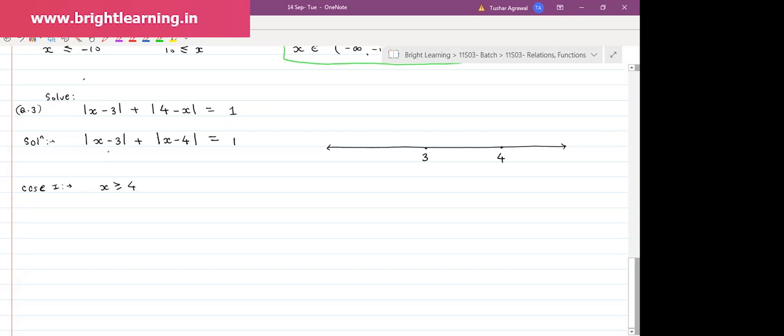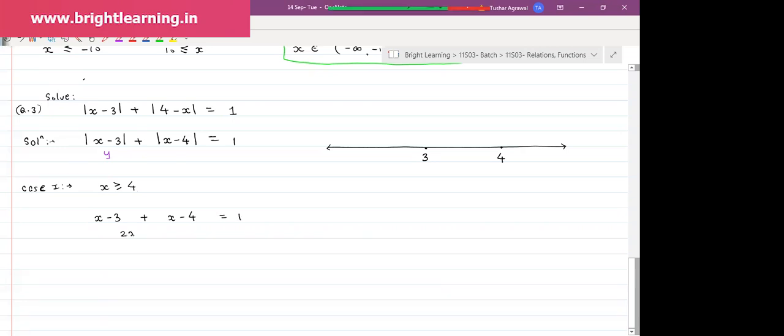Since it is right of 3, y is positive, so modulus of y is y itself, and the function reduces to x minus 3. The modulus of x minus 4 will be x minus 4 only, and this is equal to 1.